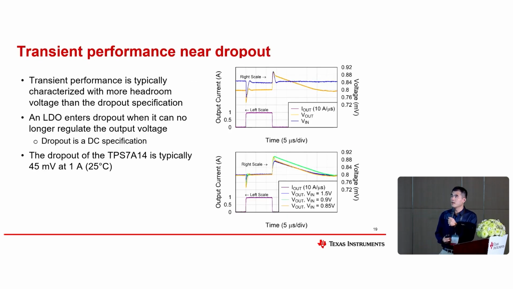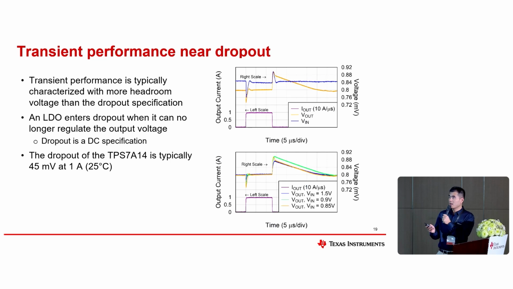Okay. So another spec we need to care about is the transient performance near the dropout. If the input voltage is very different from the output voltage, then we have the headroom. But when the input voltage is very near to the output voltage, in this case, we need to care about the transient performance.